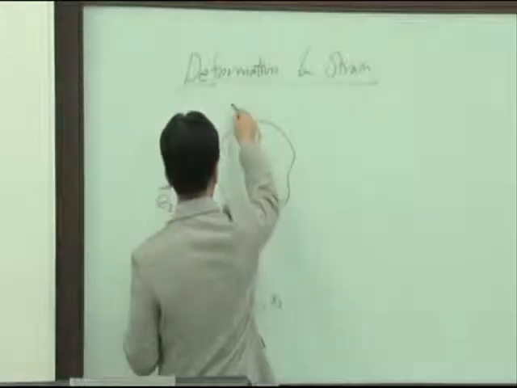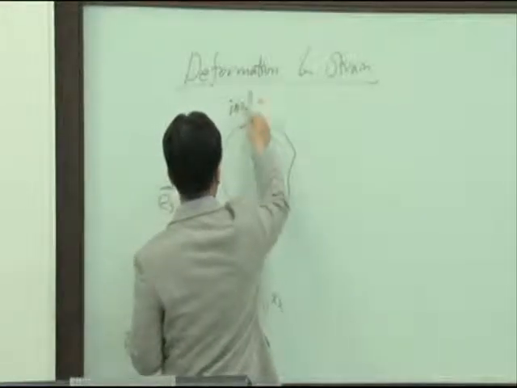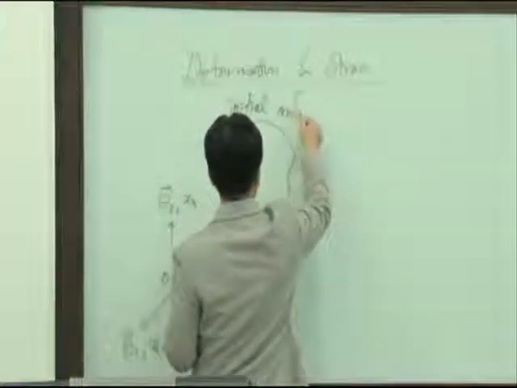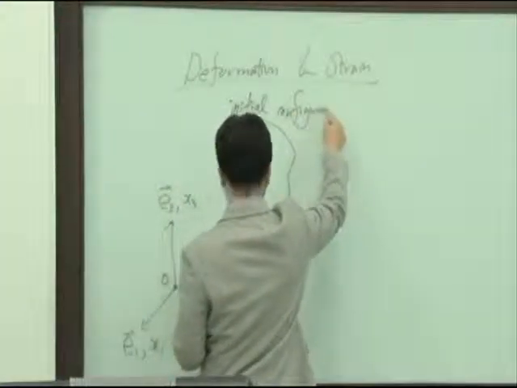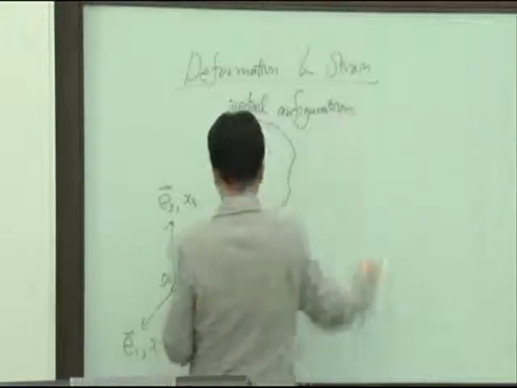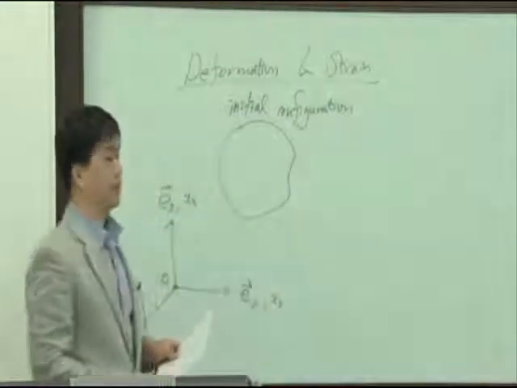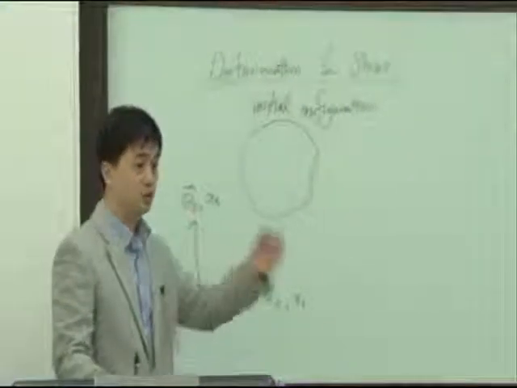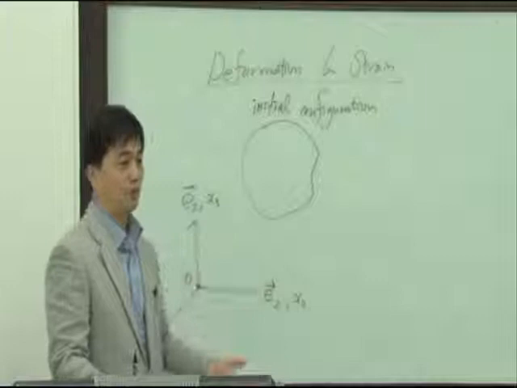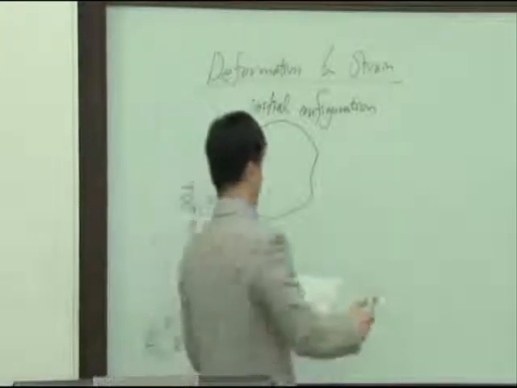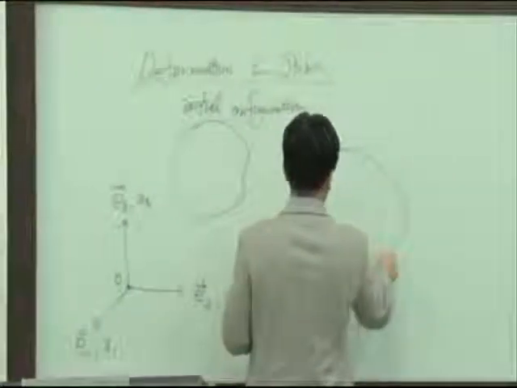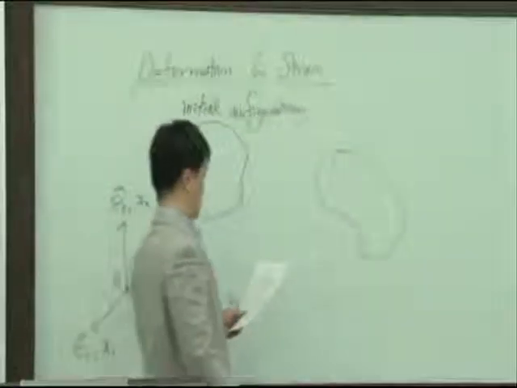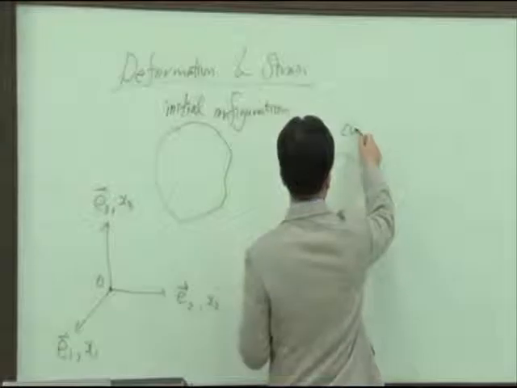Let's say this is the initial configuration. And after some time, this body can move and deform. And then this body is the current configuration.